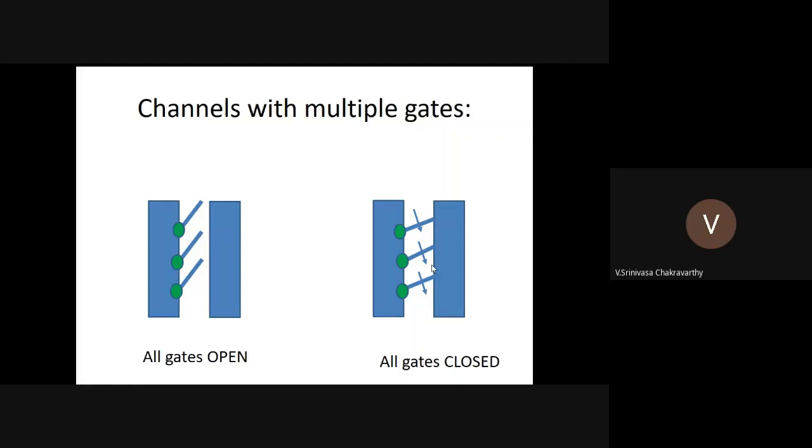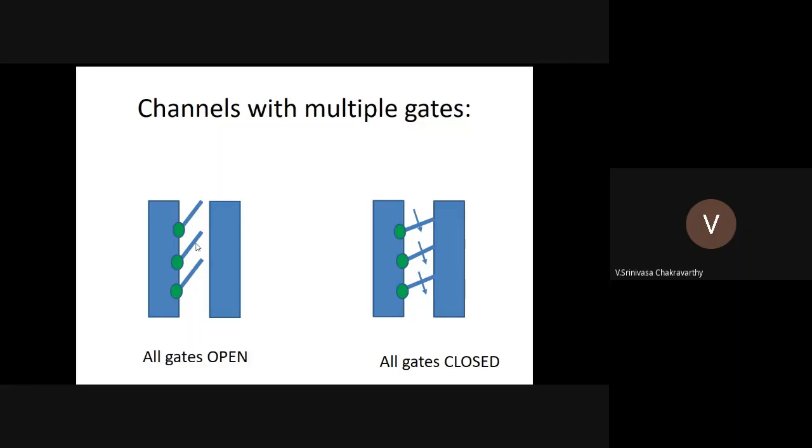So in a simplistic description, you think of the channel as being controlled by multiple gates. Imagine these are like your railway signaling gates. They are located at multiple points inside the pore of the channel, and you can imagine there are multiple such gates inside a channel. When all the gates are open, that is, the channel is open at all these locations inside the pore, then you say that the entire channel is open.